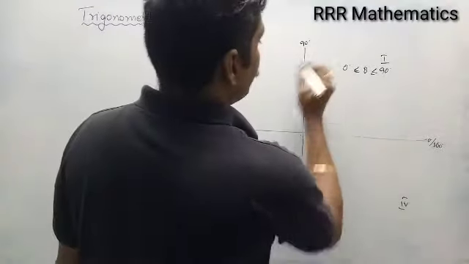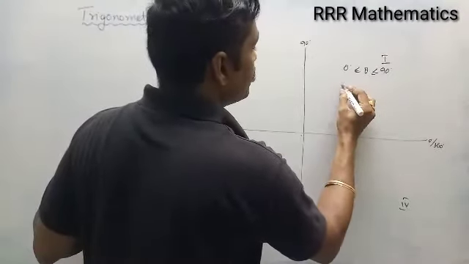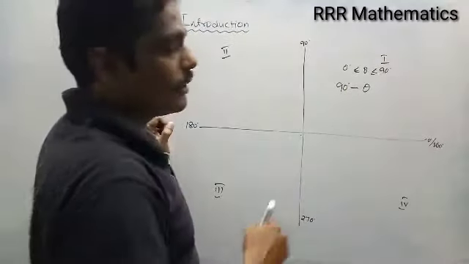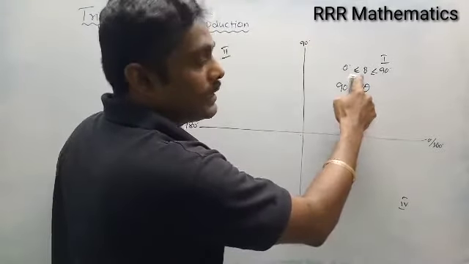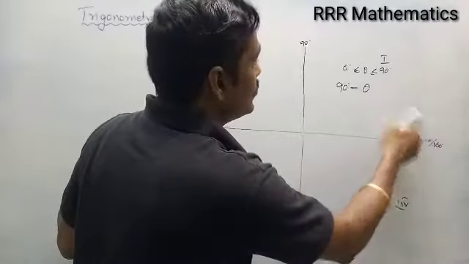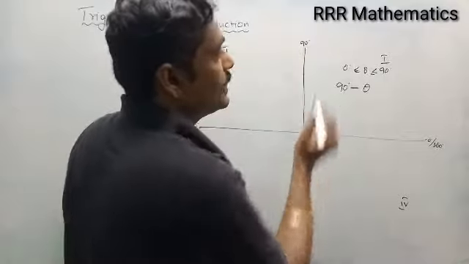If I subtract theta from 90, it will come here. It lies in the first quadrant because this is 0 to 90 degrees. Theta is an angle which takes a value from 0 to 90. If I take 1 degree, 90 minus 1 gives 89 degrees.